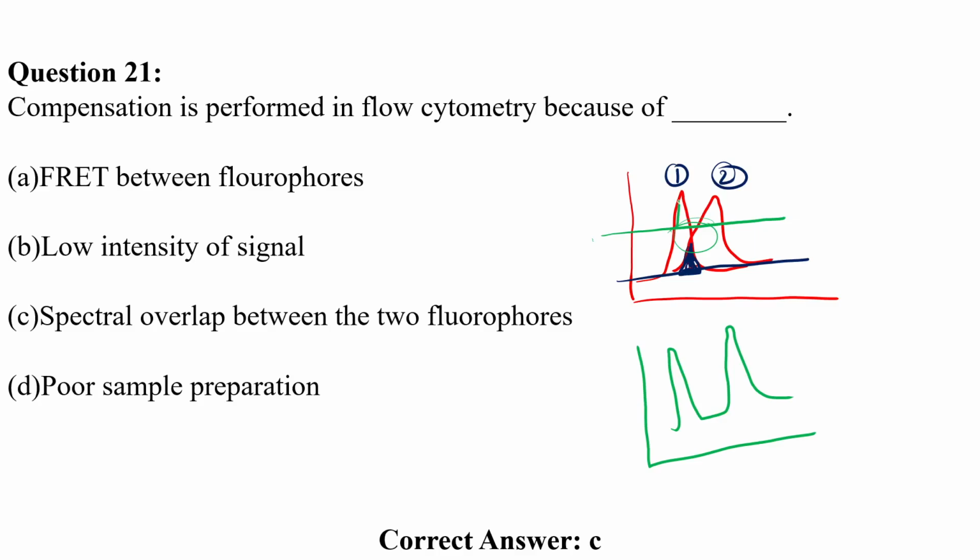So if I shift my baseline here, my peaks will be well separated, and I can see that these many cells are there. This is basically compensating. When we shift the baseline, we lose the data of these regions as well, right? This is the kind of compensation we do in flow cytometry data. So compensation is done because of the spectral overlap between two fluorophores.